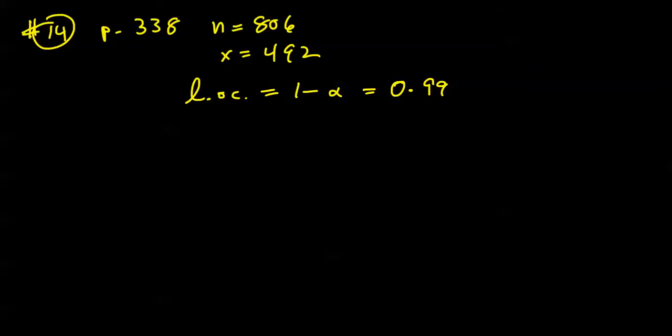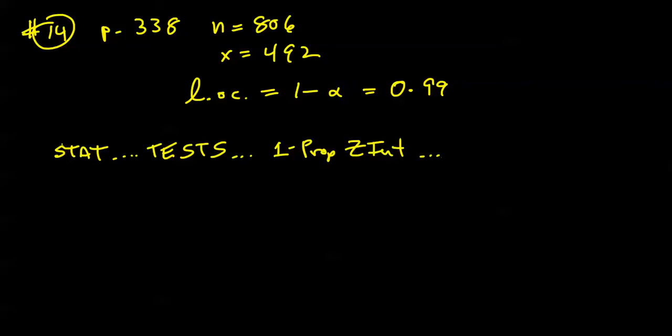Again, we're going to use our oneprop_zint command. Hit your stat button, go to the test submenu, and then the oneprop_zint command, and I'll enter the following. My raw count, which was given to me explicitly, is 492.